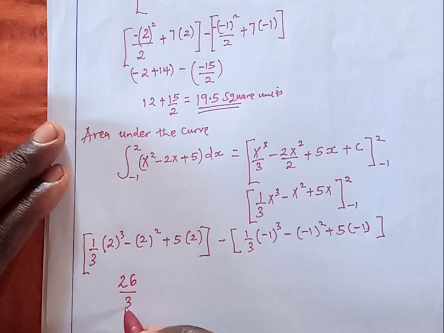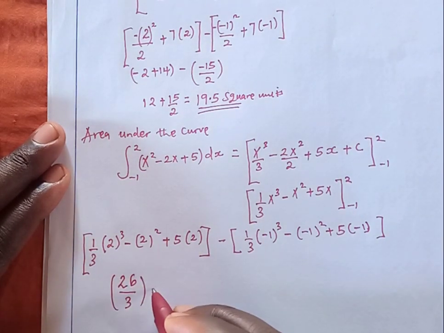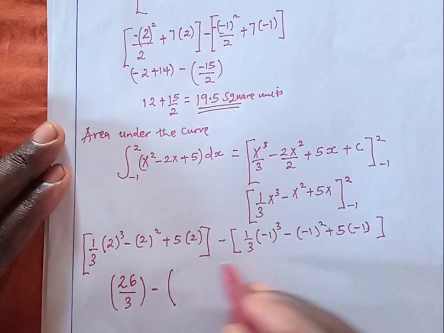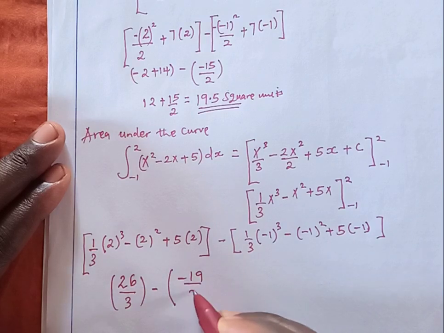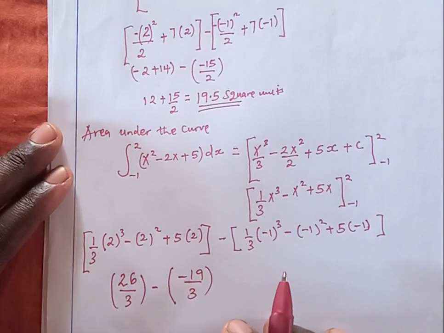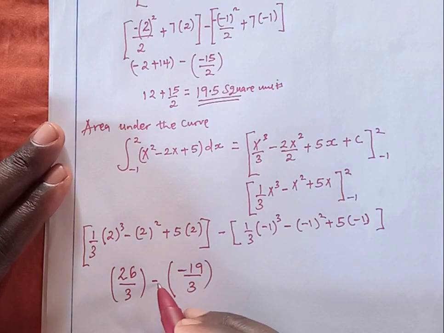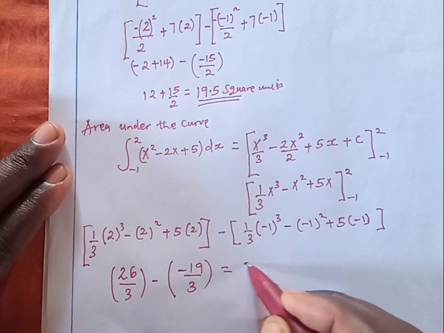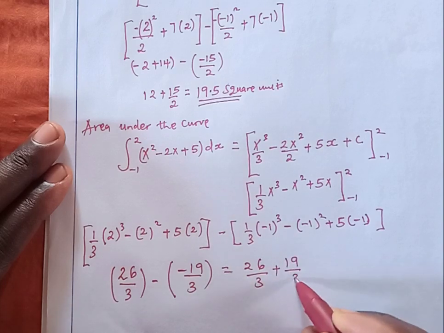Then we take away the second bracket, which gives us negative 19 over 3. Negative 1 times negative 19 over 3 gives 26 over 3 plus 19 over 3.